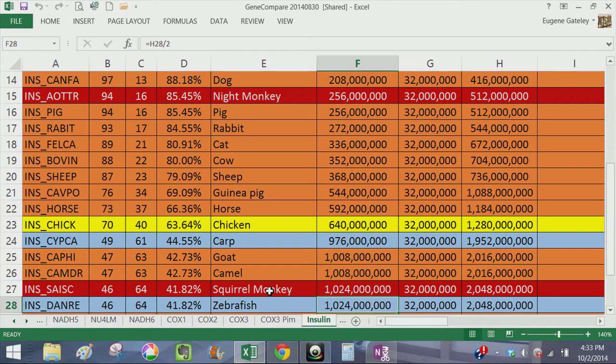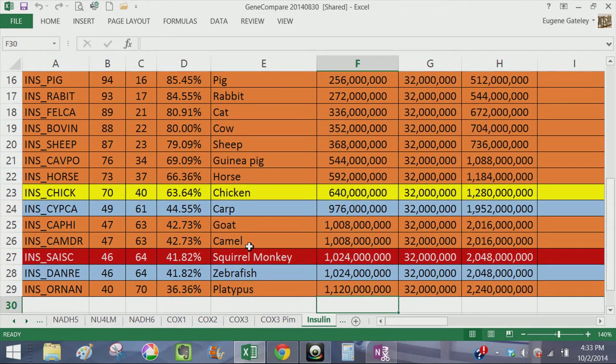Percent of similarity is 41.82%. So the evolutionary brain-crushing question is, why in the world would a carp be more similar to human than a squirrel monkey, which is a primate? Now let's keep on going.